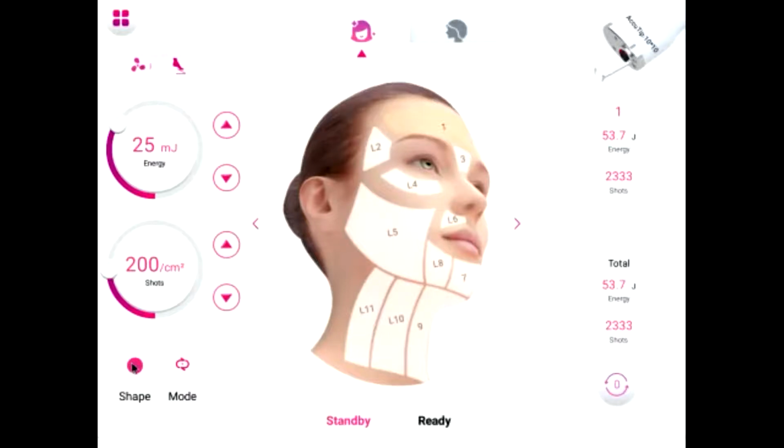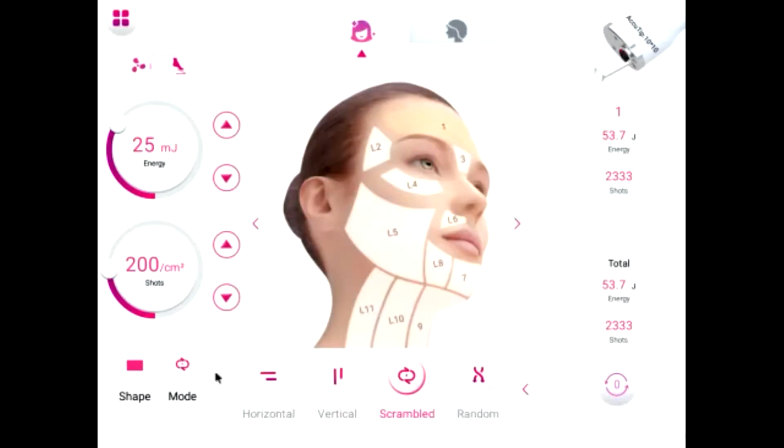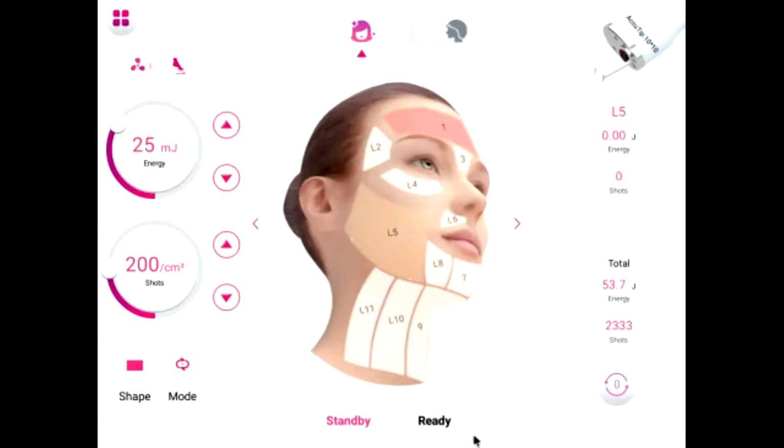And the shape, we use the square with maximum size. And to reduce the pain, we use the scramble mode. And we choose the cheeks part L5. And then ready.